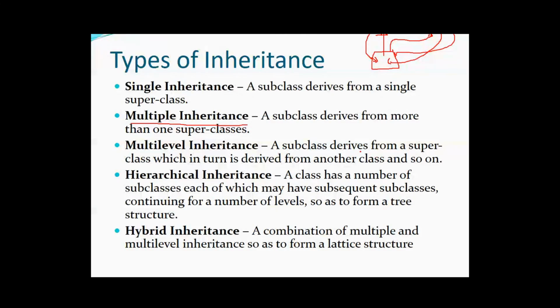Multi-level inheritance is more like a tree. It is a subclass derived from a superclass. For example, this is a superclass, and this one inherited everything from this class, derived, and a subclass derived from a superclass, which in turn is derived from another class.